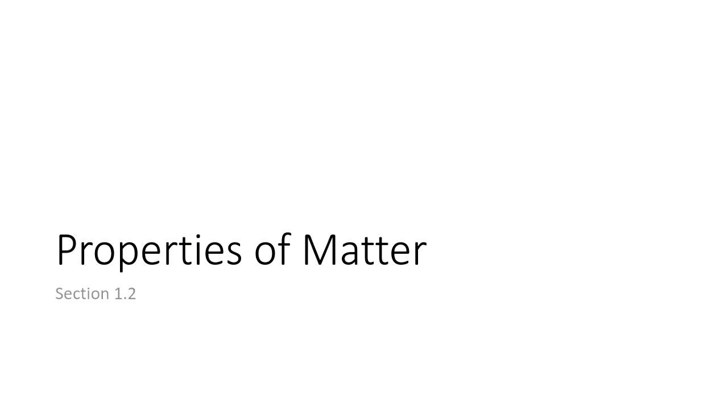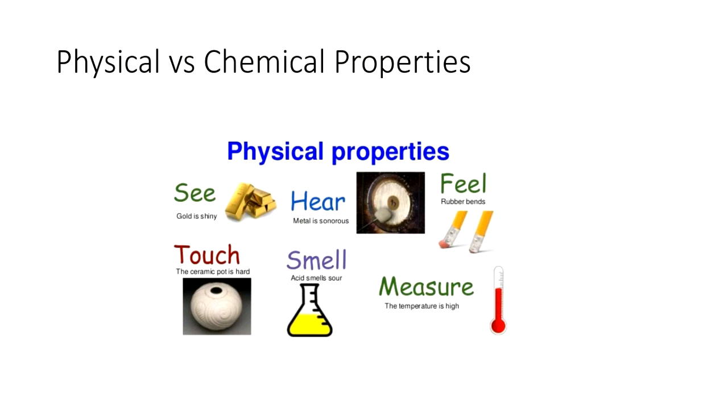So if we can identify something without changing the chemical composition, then we call it a physical property. And in general terms, a physical property is something that we can see, hear, feel, measure, smell, or touch, right? So something that we can observe with our senses, that's going to be a physical property.